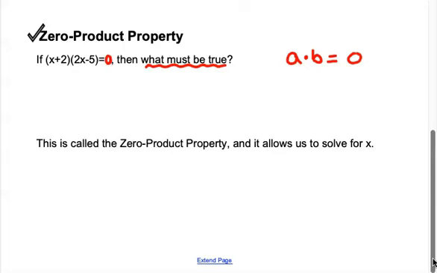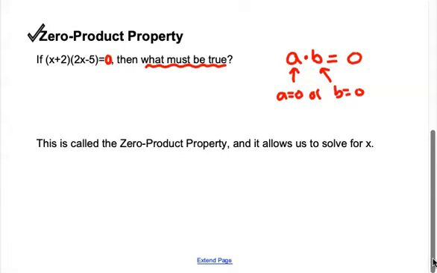The only way that this equation is going to be true is if a is 0 or if b is 0. Or it could be both. They could both be 0. But one of them definitely has to be 0.